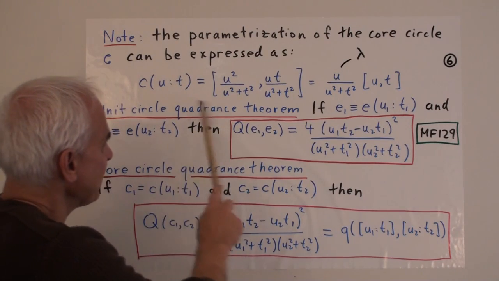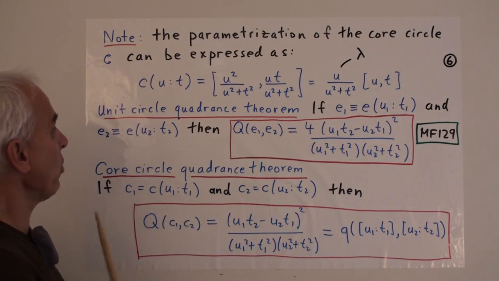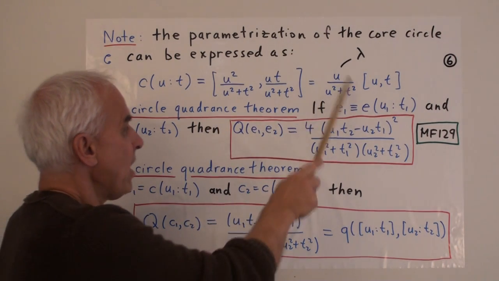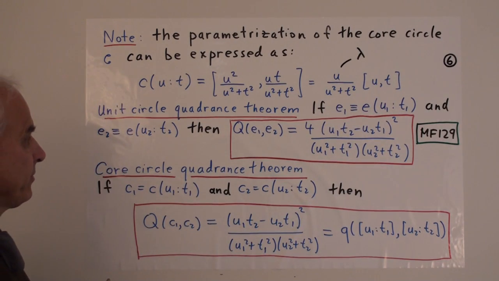All right, so here I've just summarized that projective parametrization of our core circle. There's our formula for it, which is actually a multiple of u and t, that point there.